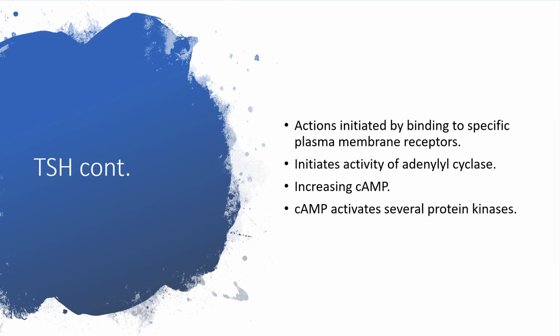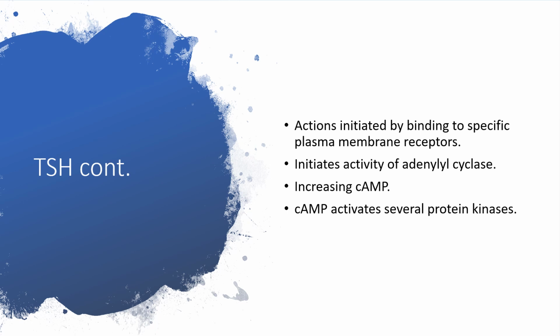Still on TSH, actions will be initiated by binding to specific plasma membrane receptors, and that will initiate activity of adenylyl cyclase. With that, there will be increased cyclic adenosine monophosphate.